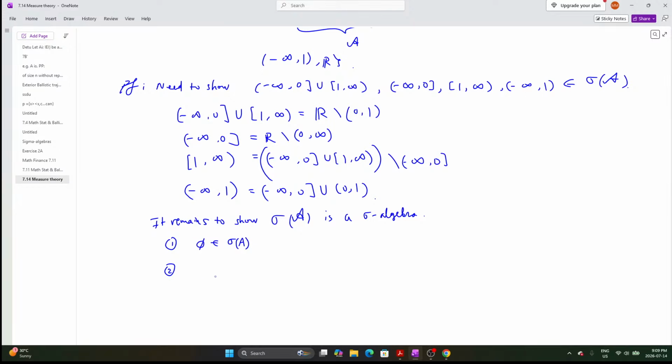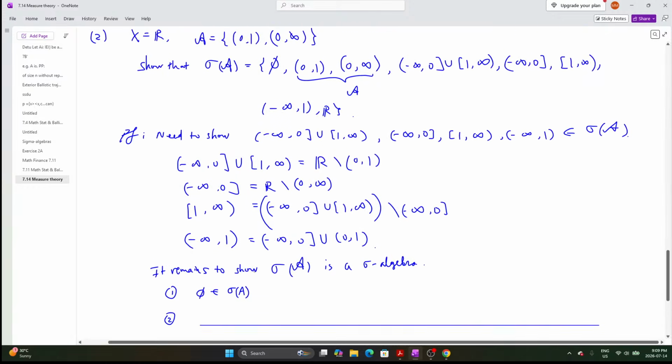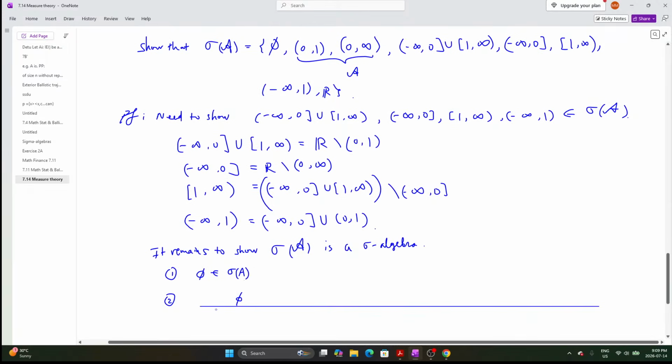Why don't we just do a table here? So you have the empty set; this is E, and this is X minus E. Empty set, and 0 to 1, complement 0 to infinity.